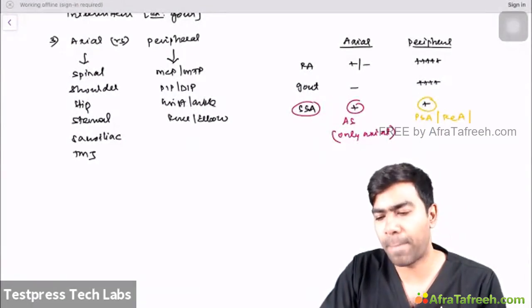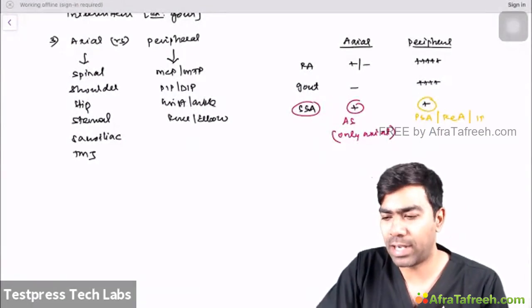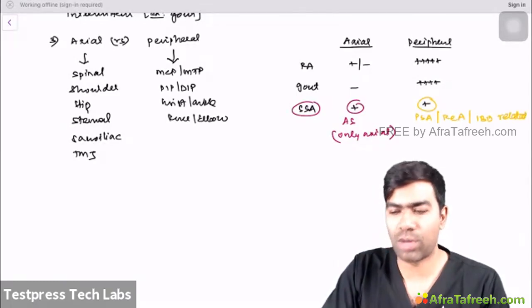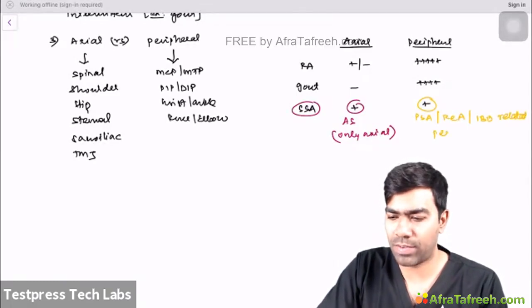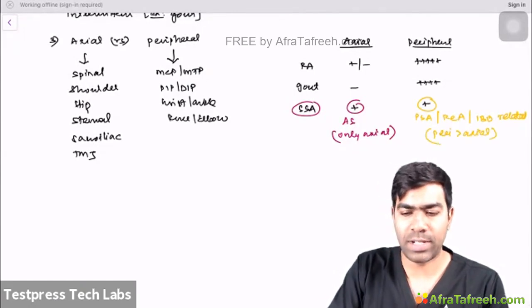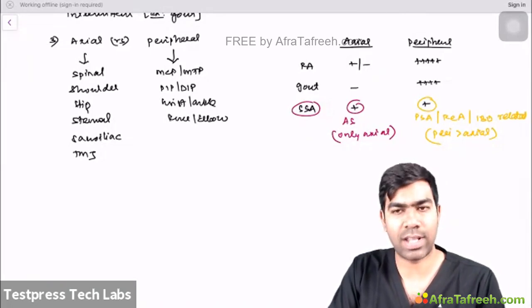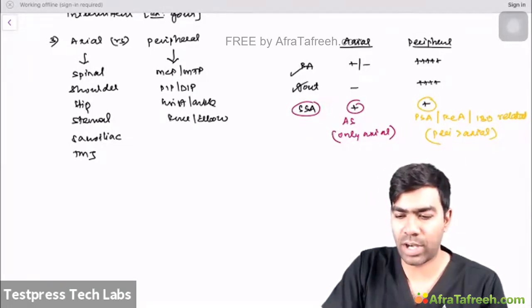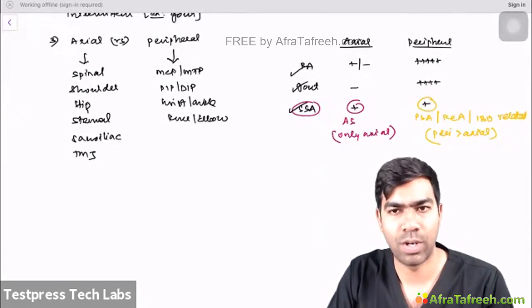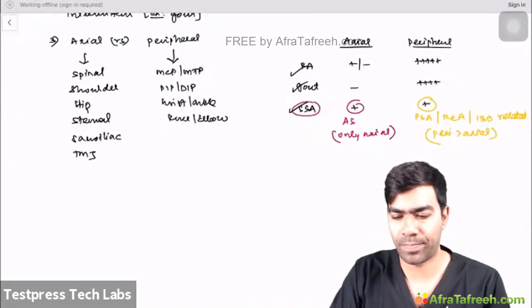Then we have IBD-related enteropathic arthritis. They involve peripheral joints more than axial joints. So it depends again. SSA as a whole can involve both peripheral and axial joints. But the joint distribution also gives you a lot of clues regarding what kind of disease it could be.